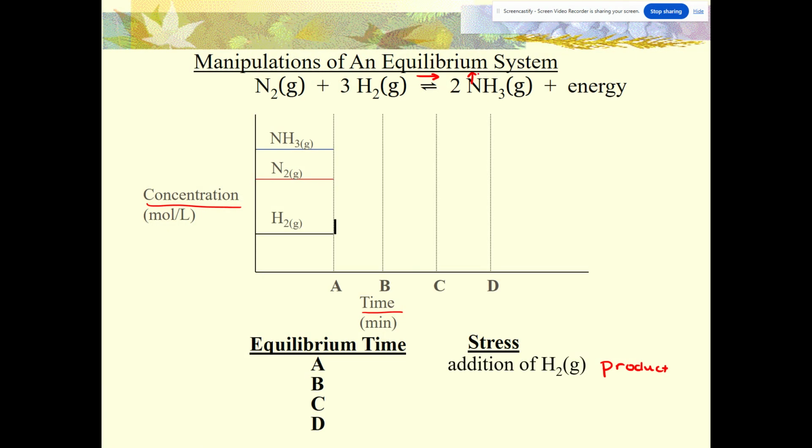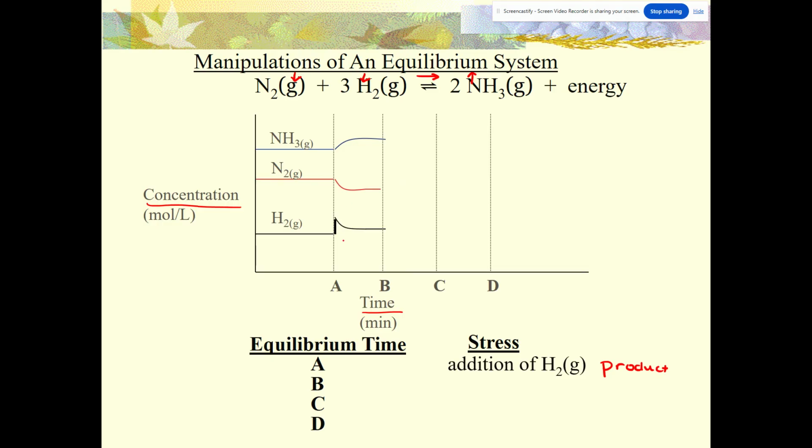But in order for that to happen, my reactants have to get used up a little bit. Okay? So you will see ammonia going up in a curved line and then plateauing again, reaching equilibrium. Then nitrogen and hydrogen go down in a curved line and reach equilibrium again.